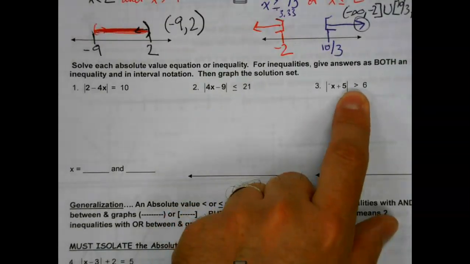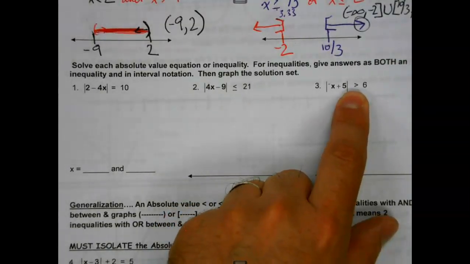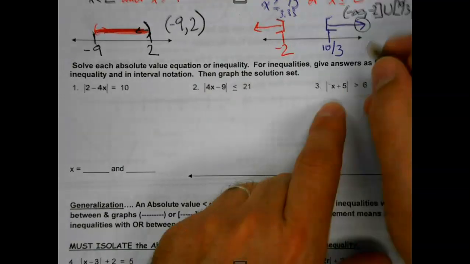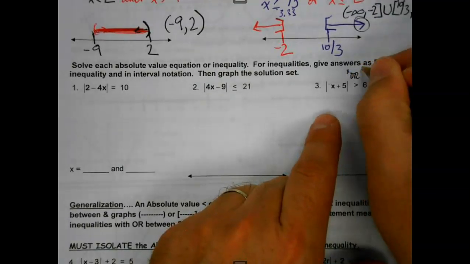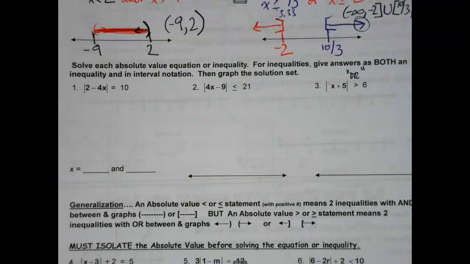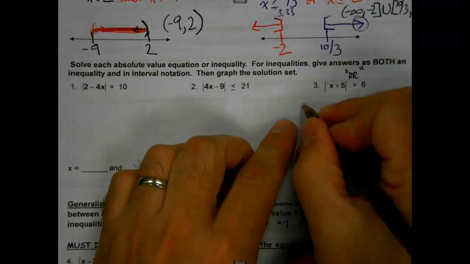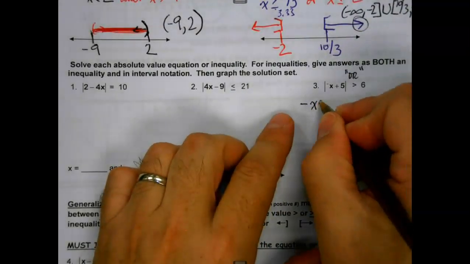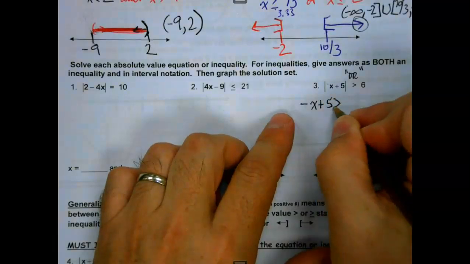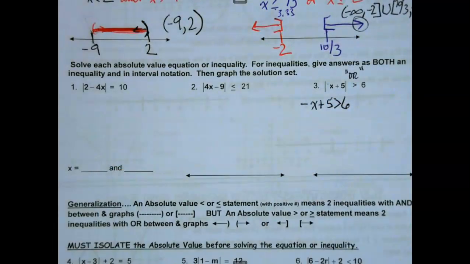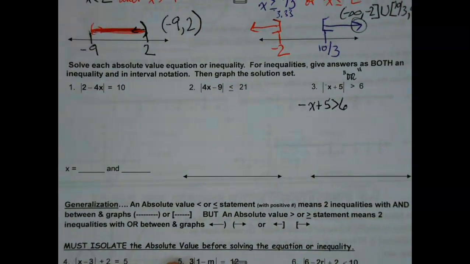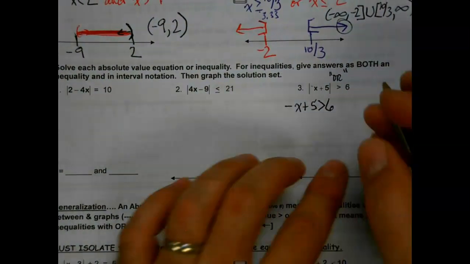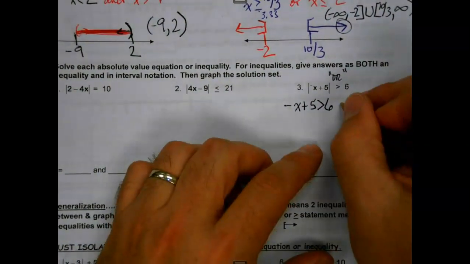Is this going to be an and or an or? Or. So in my head already, I see the graph going both directions. I know what I'm looking for. So just copy it the first time. Don't change a thing, except that the absolute value bars are gone.